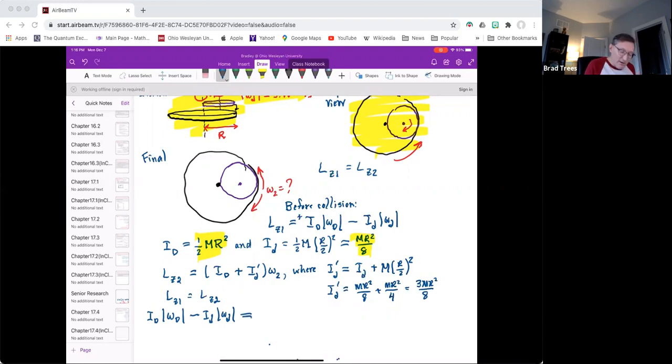And that must equal LZ2, which is I big D, m r squared over 2, plus I little d prime, 3 m r squared over 8, all times omega 2.